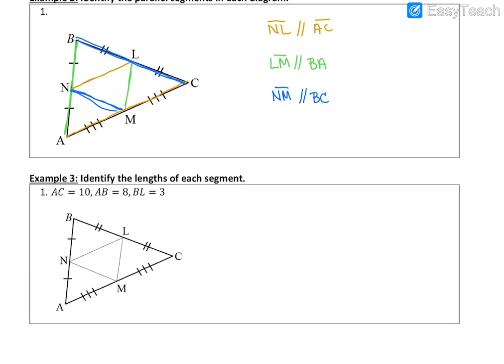Identify the length of each segment. So here if we label AC is 10, so this whole side is 10. AB is 8, so this whole side is 8. BL, which is only this section right here, is 3.